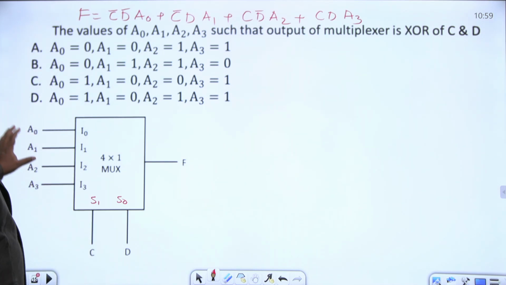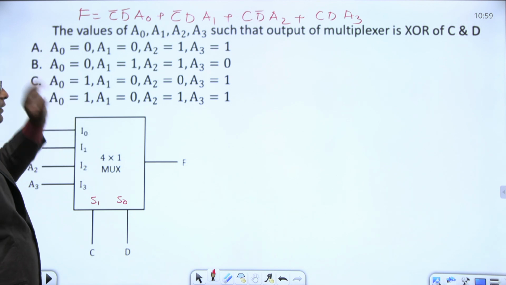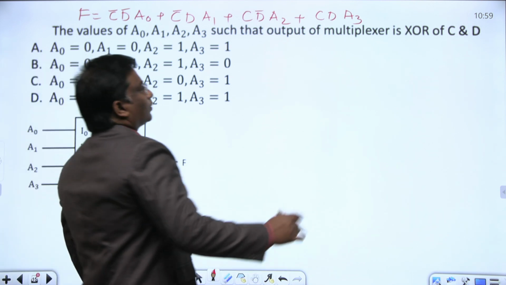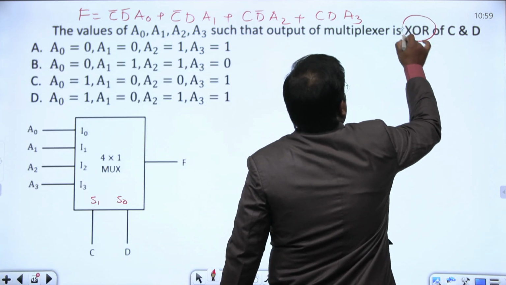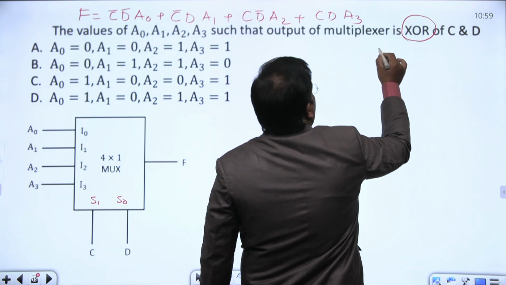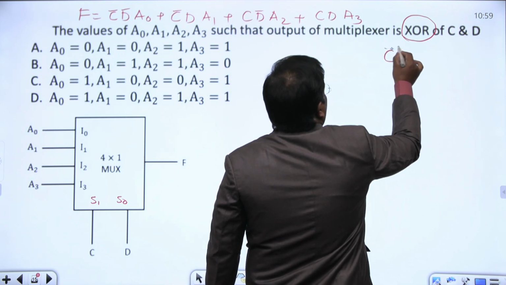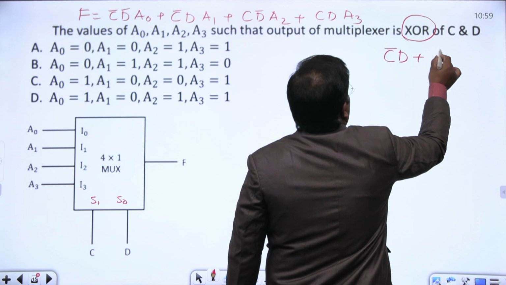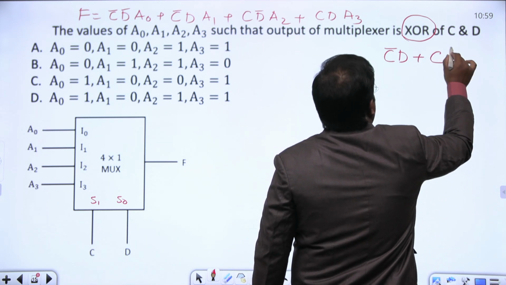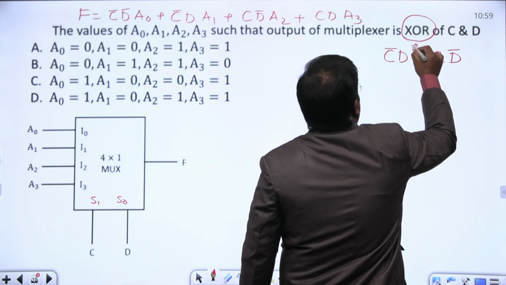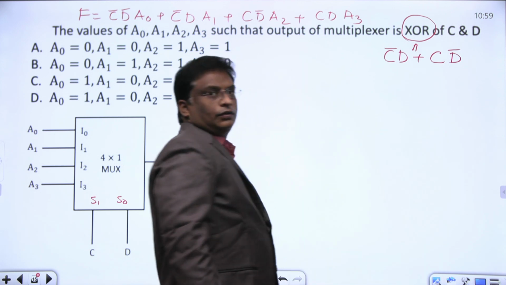Suppose we have to test this and see the output. What is the expression for XOR of two inputs C and D? XOR of C and D is C bar D plus C D bar. This is the exclusive OR of the two inputs.